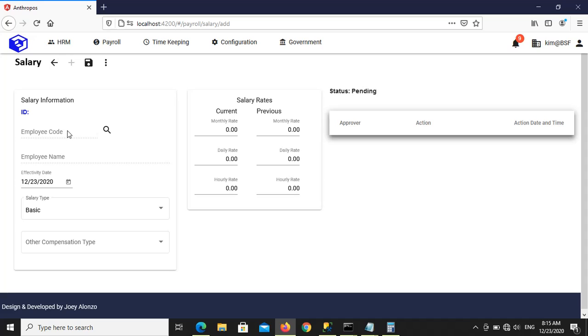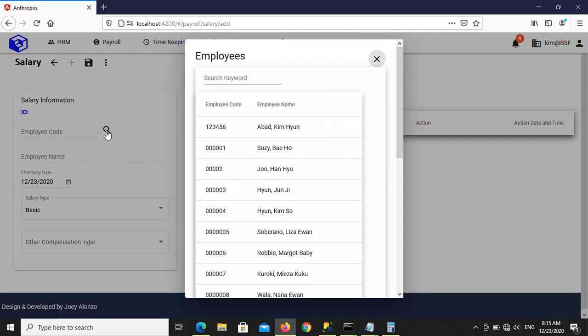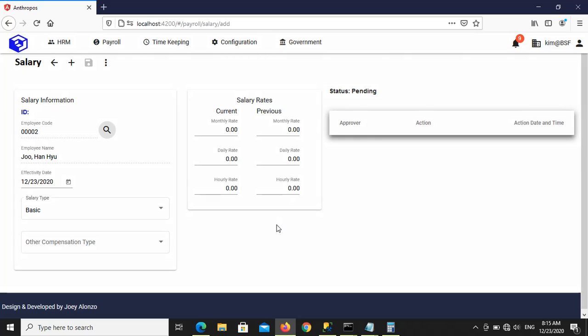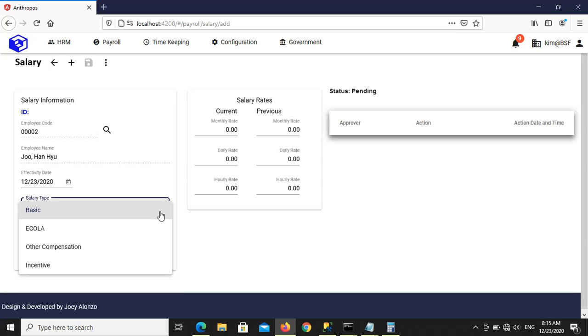Here you need to select which employee the salary is applied to. For example, we will make salary for Ju Han Yu. And then here we will select what type the salary is, whether it's basic, other compensation, or incentive.